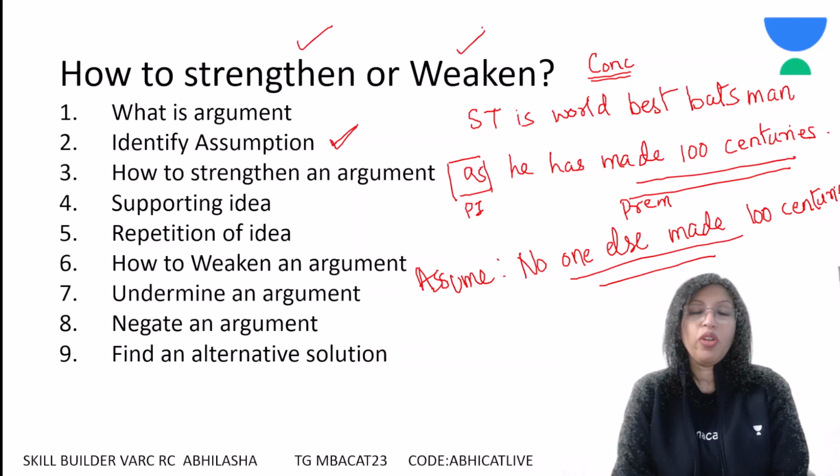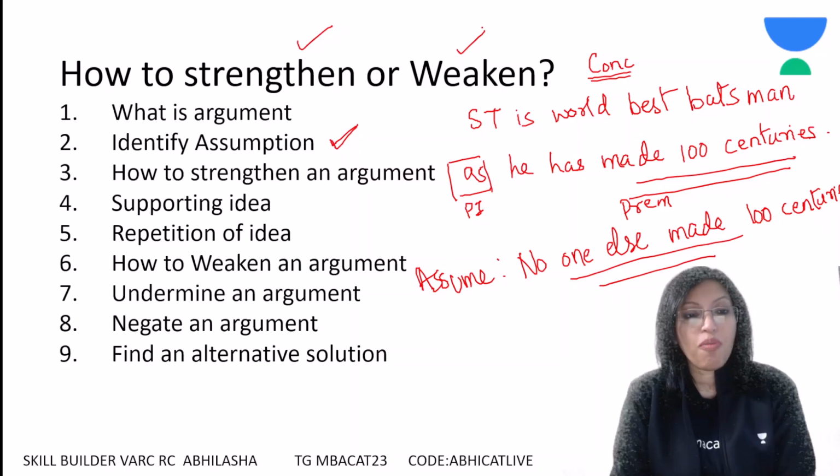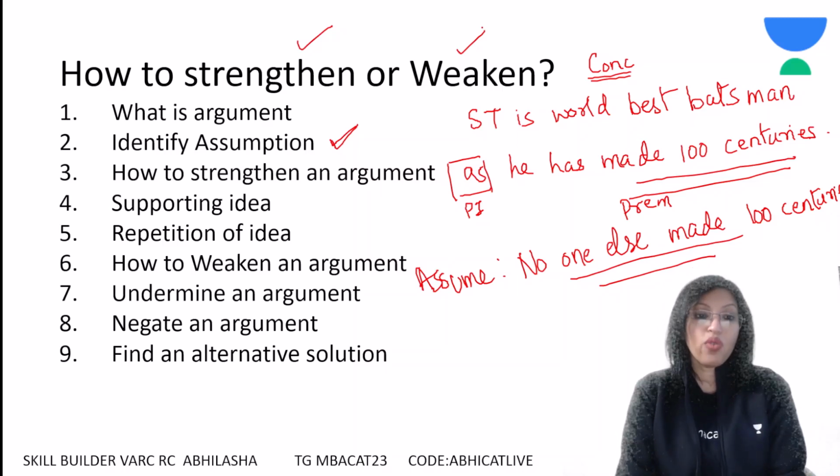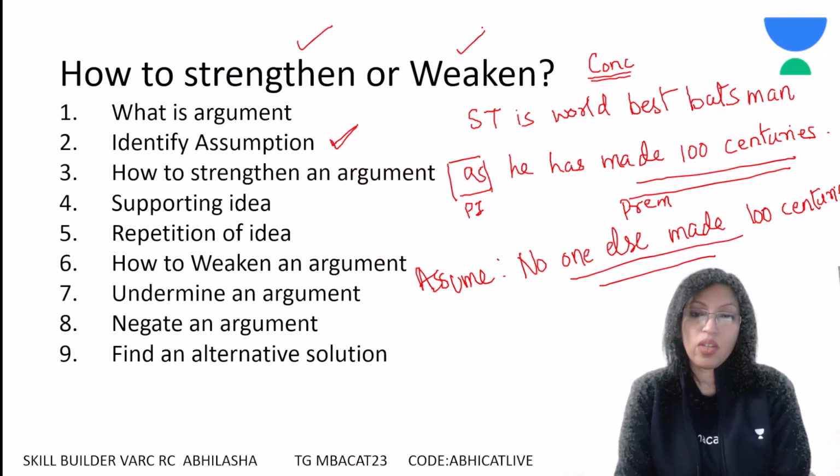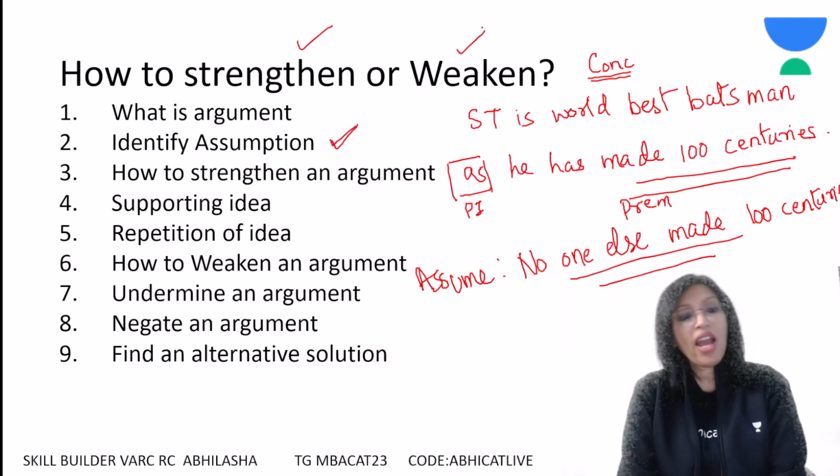So in my own mind, I will think of possibilities which will prove it. If I have to weaken the same conclusion, then in my own mind, I will think of statements which will negate this conclusion, which will say, no, Sachin is not the world's best batsman.